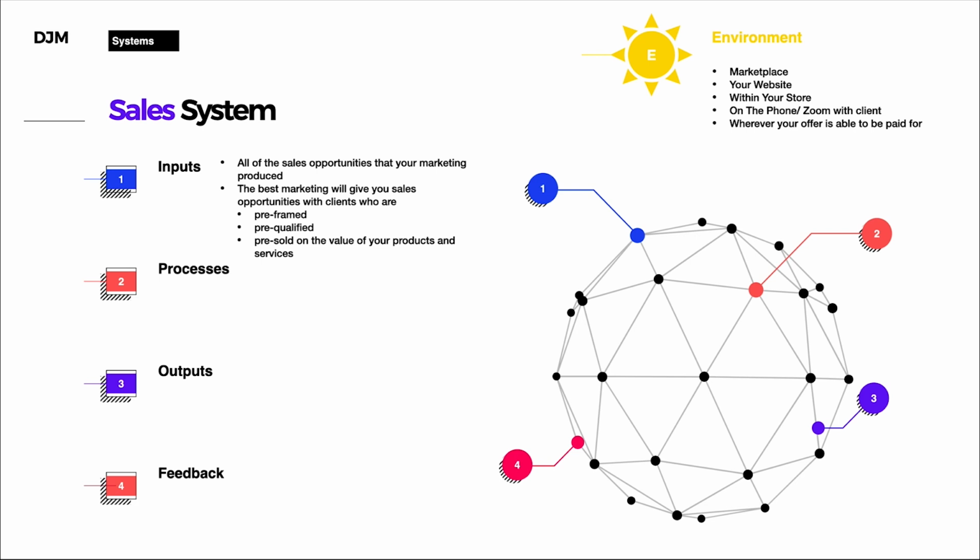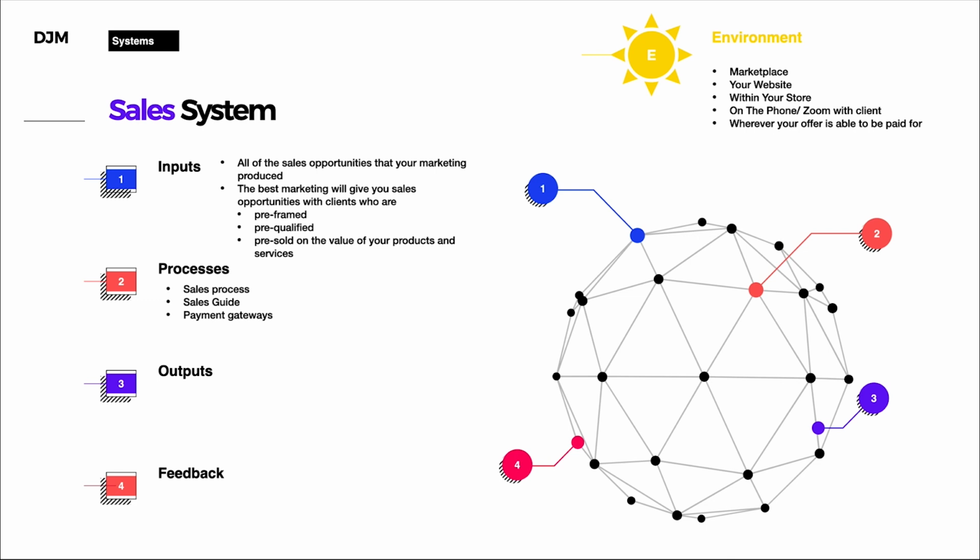This is going to help tremendously when it comes to getting into exactly what marketing is and how we use marketing to get people to want to buy what you have to offer. We want them to be pre-framed, pre-qualified, and pre-sold on the value of the products and services. And we do that by marketing well. It makes sales much easier.